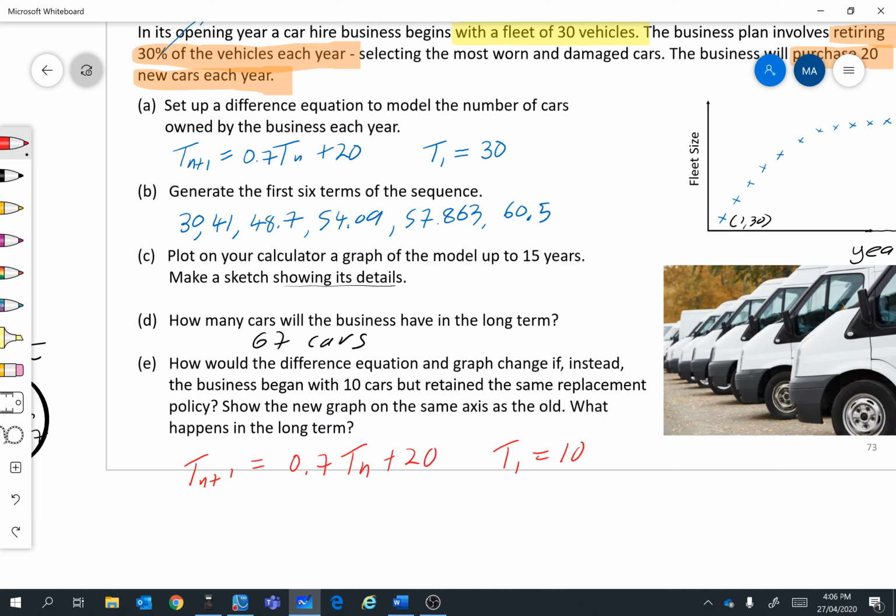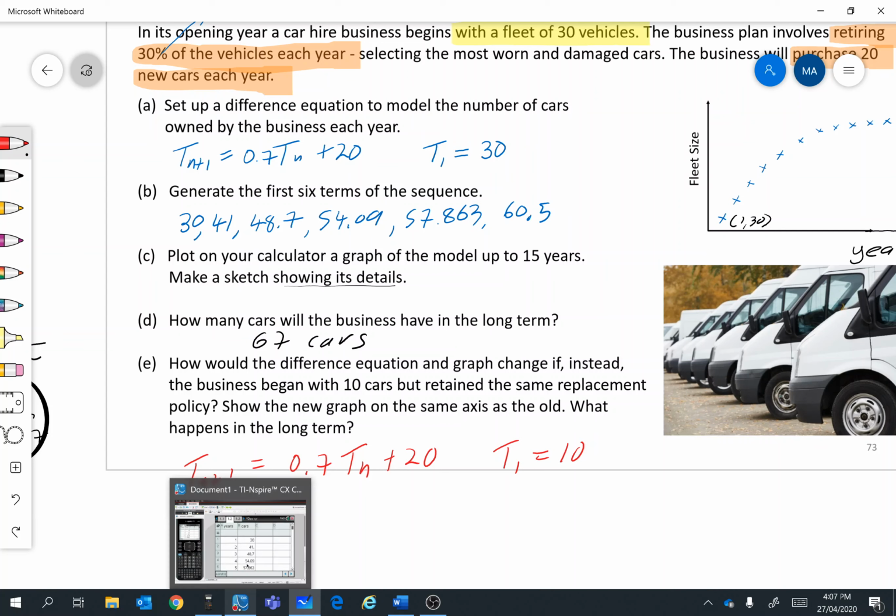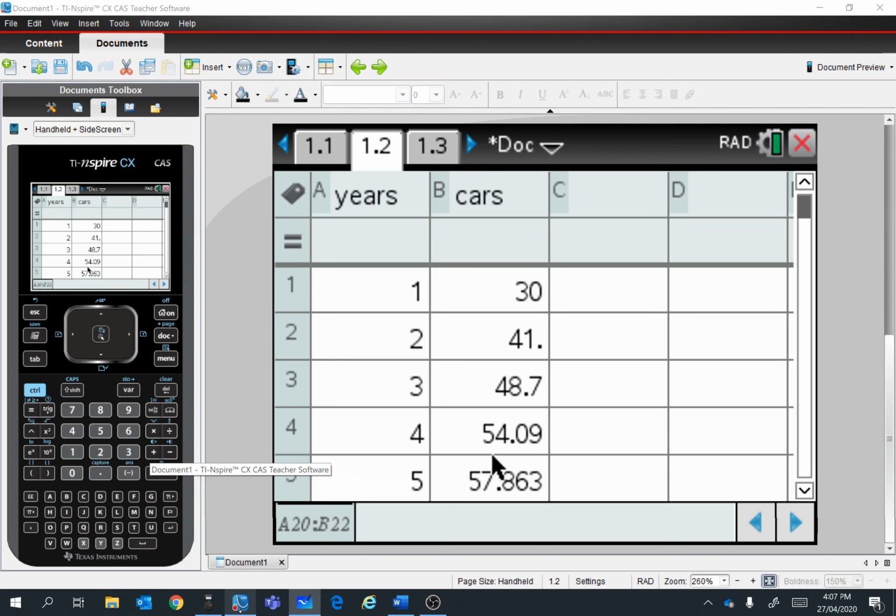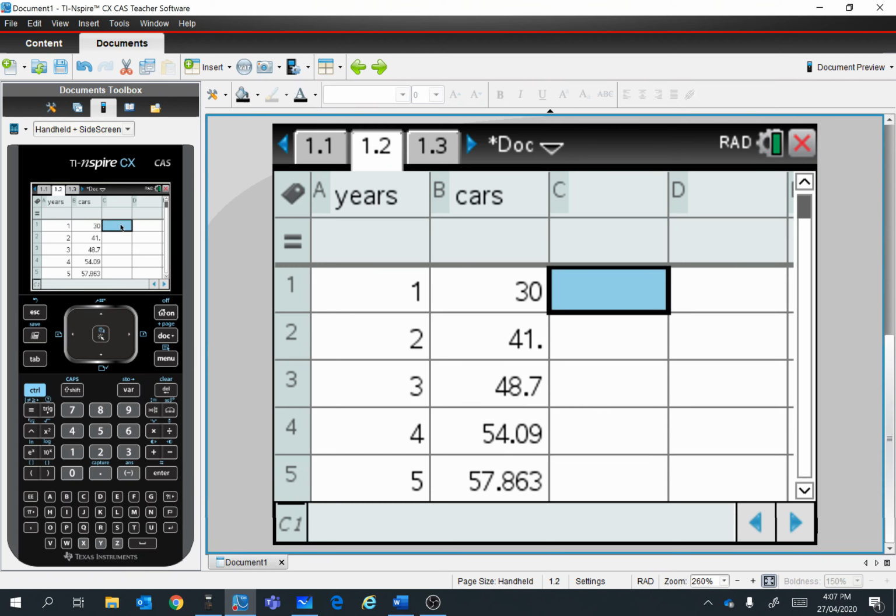Okay, now let's actually go and have a go at graphing this and see what that looks like. So I'm going to go back to the original spreadsheet. I'm going to put 10. That's the first term now.